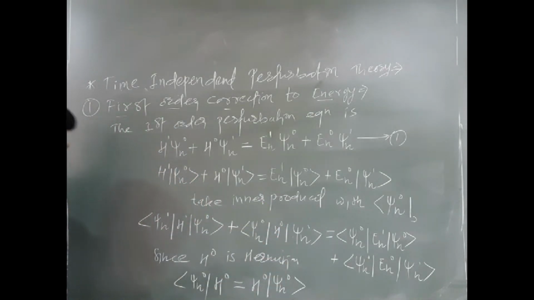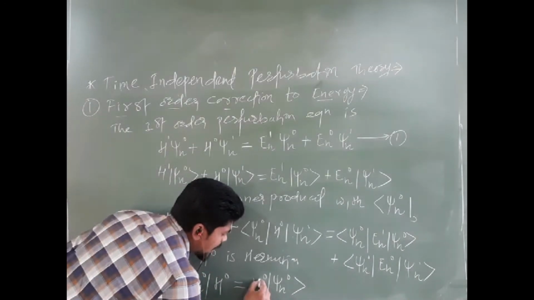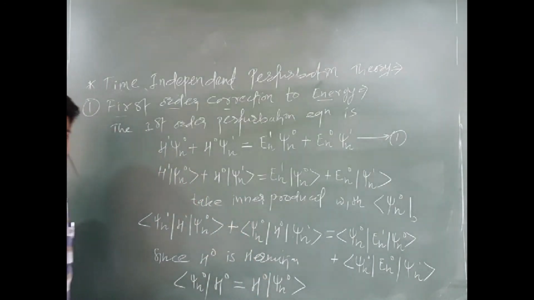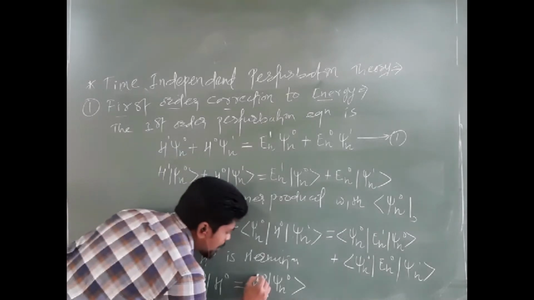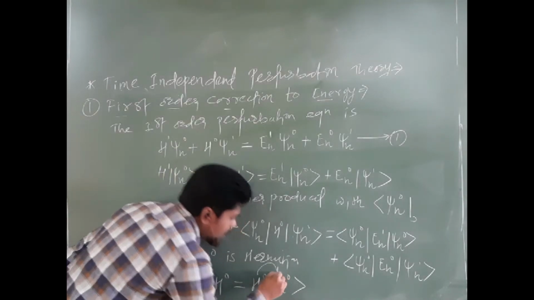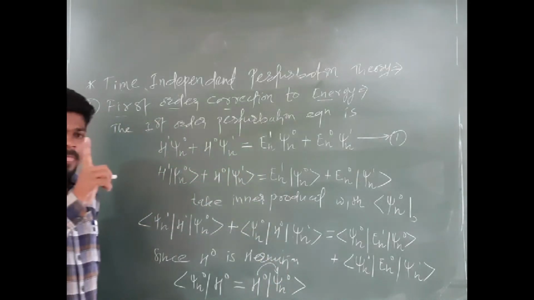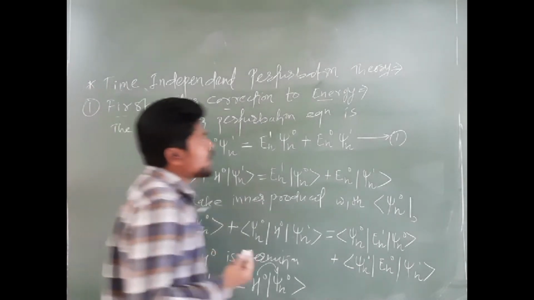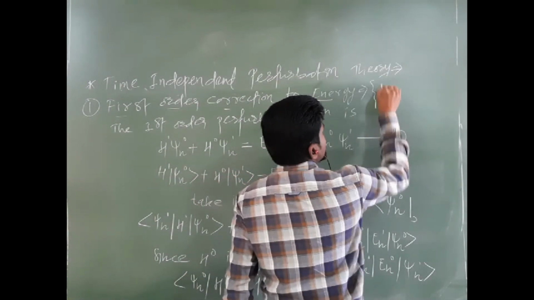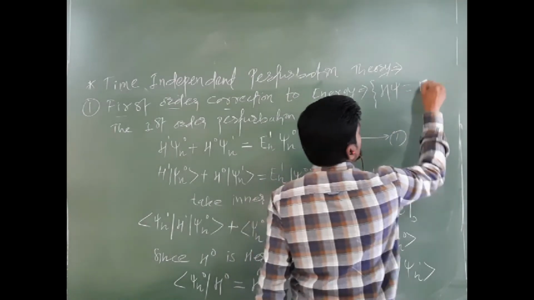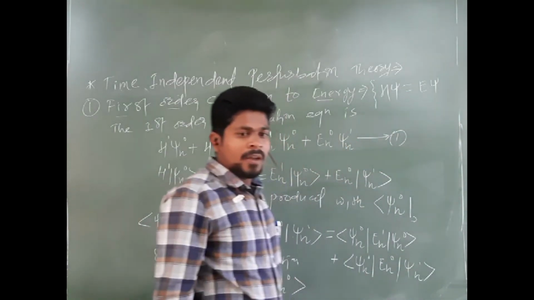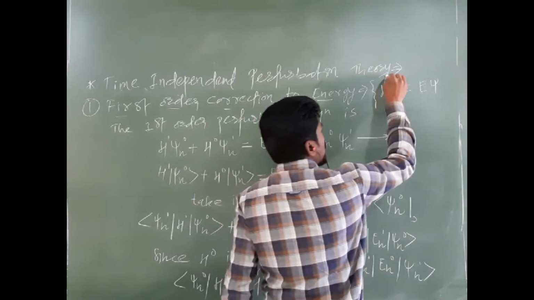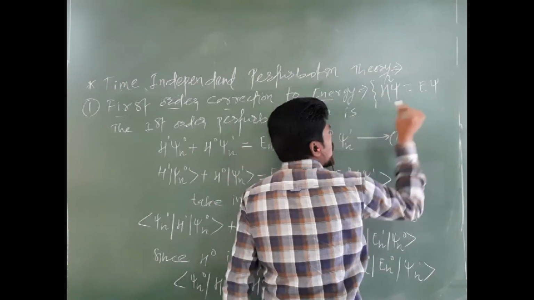Okay, so now remember, if this Hamiltonian operator is operating on this state, definitely I will get energy. Okay, why? Because h psi is equals to E psi. When Hamiltonian operates on wave function psi, what will we get?